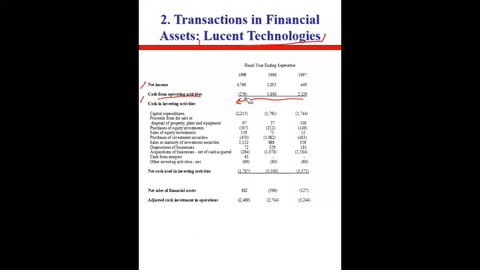So will you be concerned if you see that this company is doing very well in terms of net income, but does not look good in terms of cash from operating activities? These are in opposite directions.